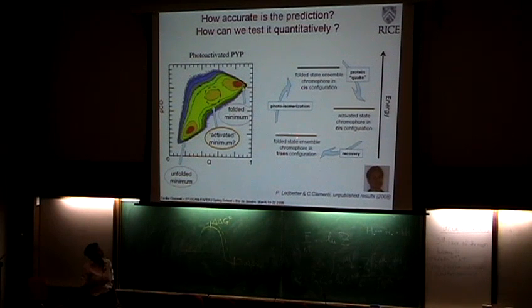We need the folded state of the protein, this one, with the chromophore in the trans configuration, to be the ground state, the lowest possible state. After photoisomerization, if you take the folded state but put the chromophore in the cis configuration, the protein is not kept at all there because it triggers the conformational change.